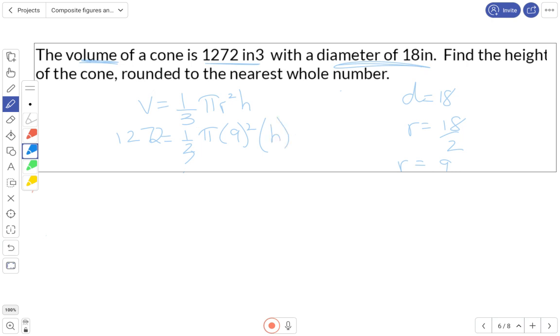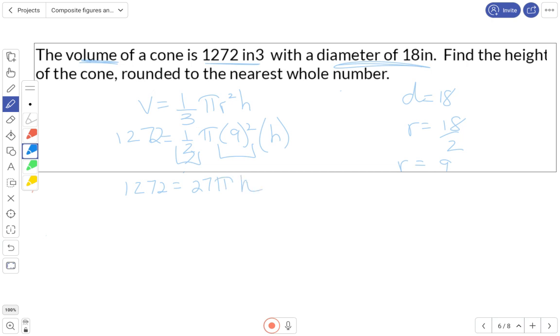Now, when I'm solving this, I can plug in 1/3 times 9 squared. Only put that part in the calculator. Don't hit the pi key yet. So 1/3 times 9 squared, we get 27 pi h.